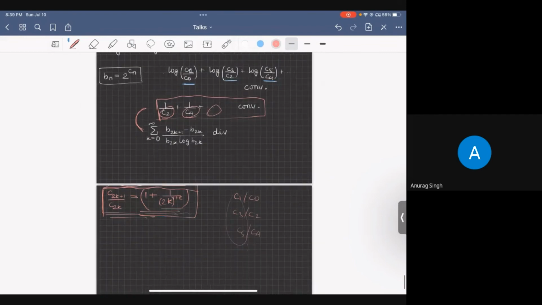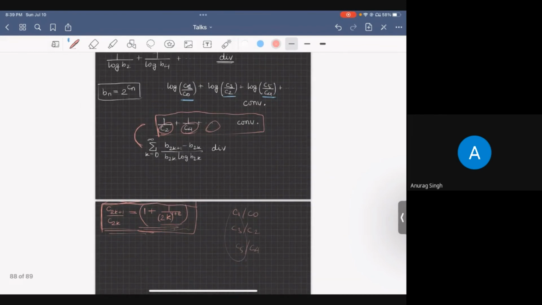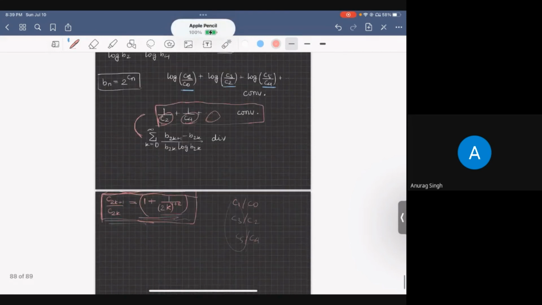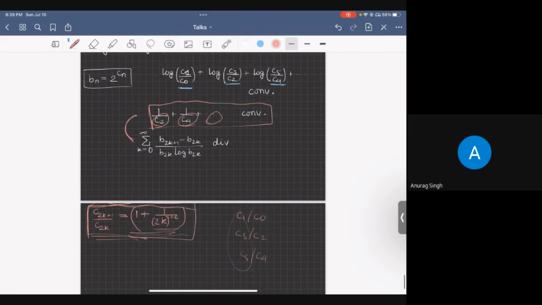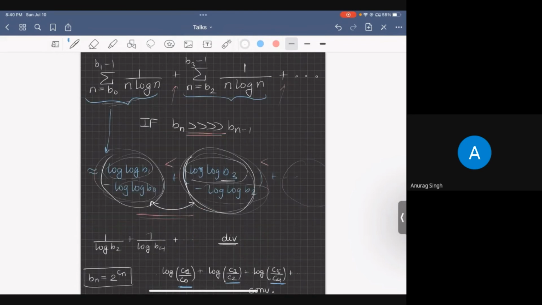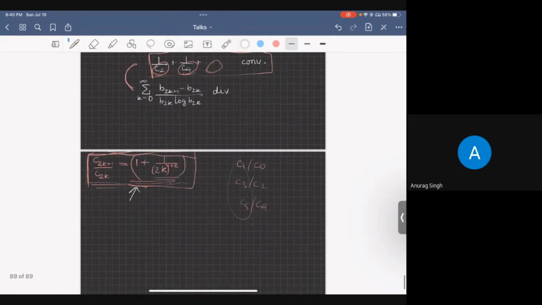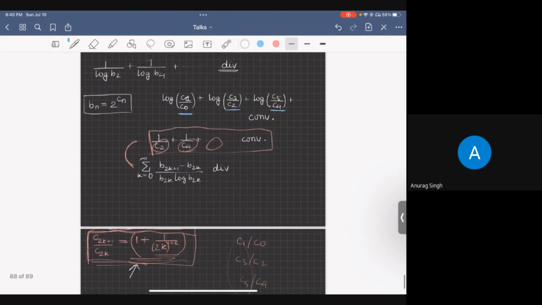So actually I can choose C2, C4 to be anything right now, even if I've made this restriction, because I've only said what the odd term is corresponding to the even term before it. Does that make sense?